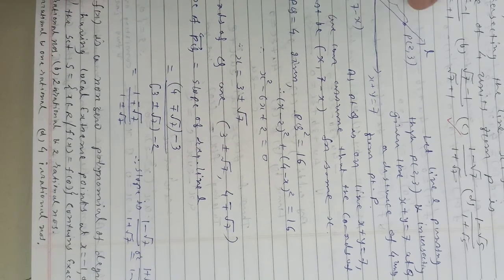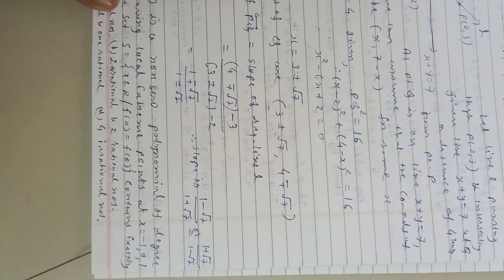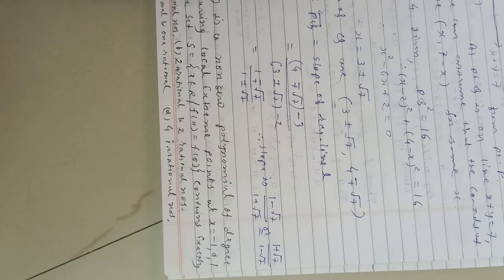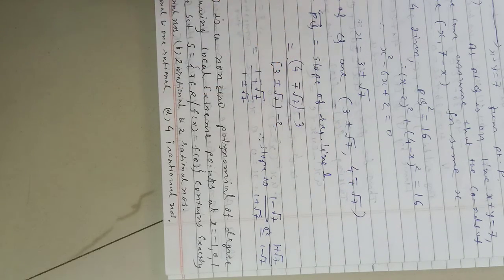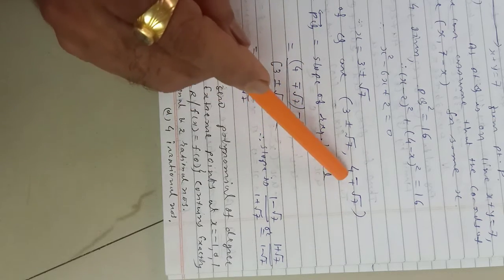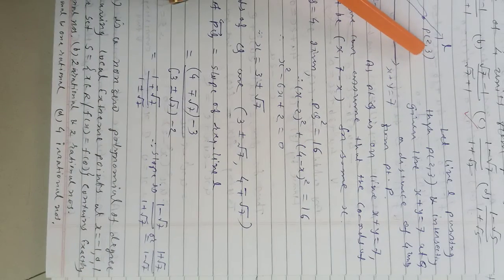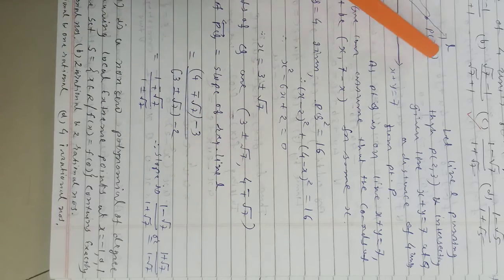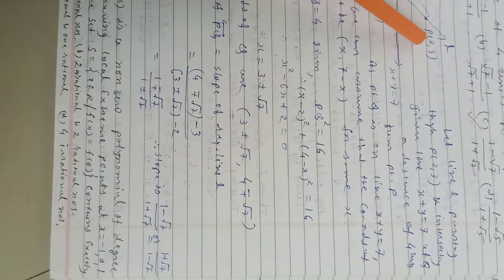So now the question is the slope of PQ. The slope of PQ means the slope of your line L. That slope of line L means what? Formula you know, (y1 minus y2) upon (x1 minus x2) when 2 points are given on the line. So here 2 points are known, P is known and this Q we obtained. So y1, suppose I take 4 minus or plus root 7, then minus 3, because the y coordinate of P is 3. And x1 means 3 plus or minus root 7 minus 2.